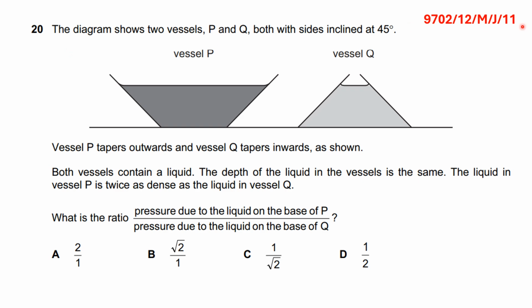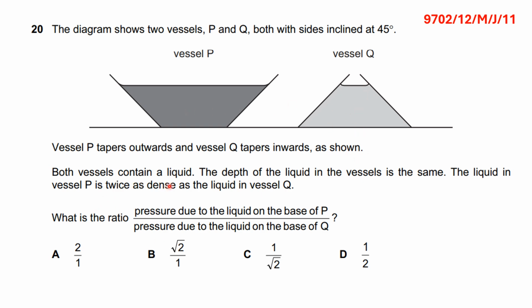Next question from May-June 11, paper 12. The diagram shows two vessels, P and Q, both with sides inclined at 45 degrees. So 45 degrees here, 45 degrees here. Vessel P tapers outward and vessel Q tapers inward as shown.